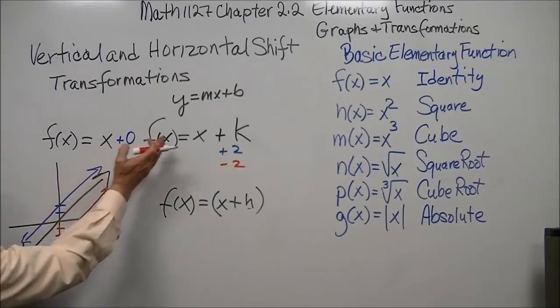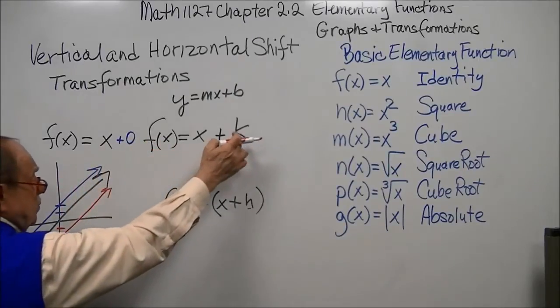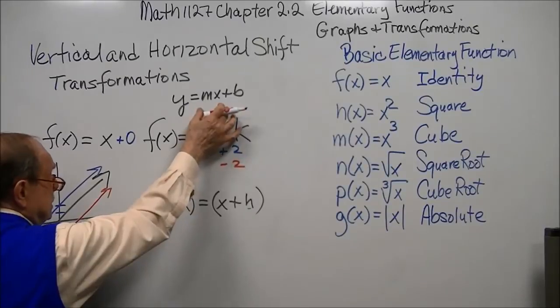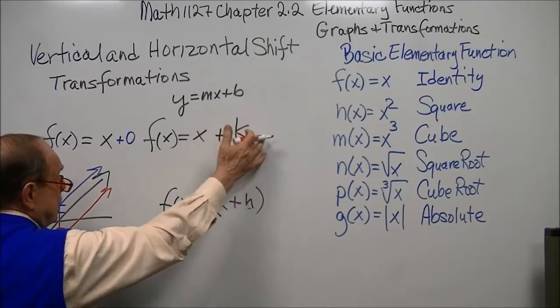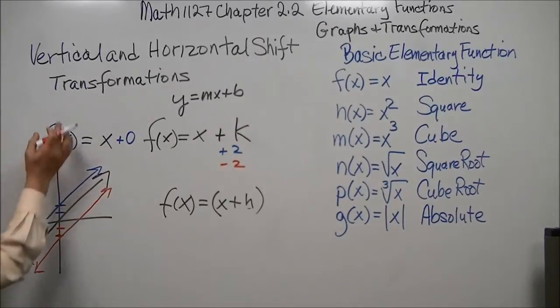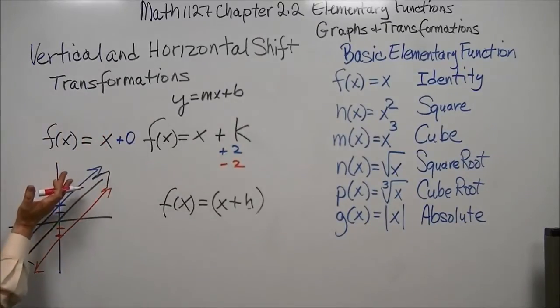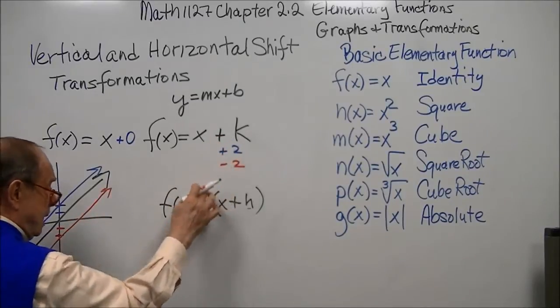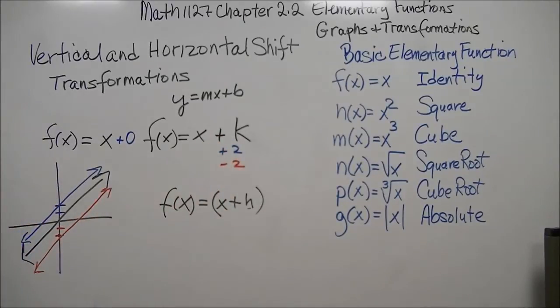So basically it's the same line, but when we have it in this form, this is for our constant. If it's a 2, it shifts it up, transforms it up 2 units, and this down 2 units.